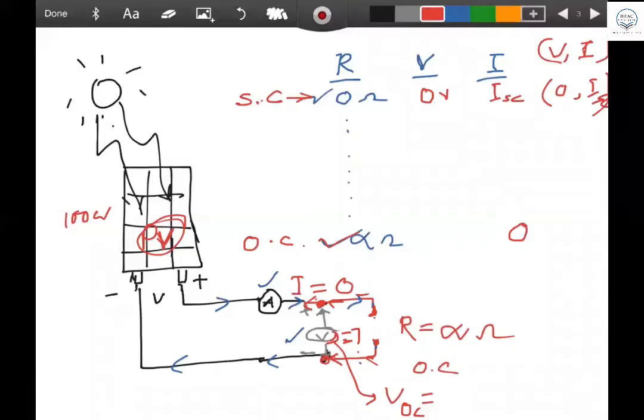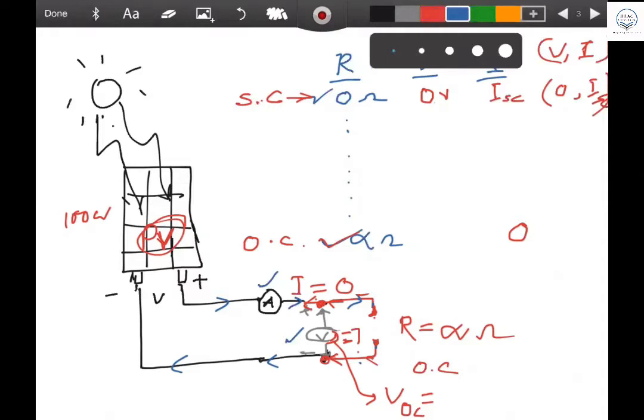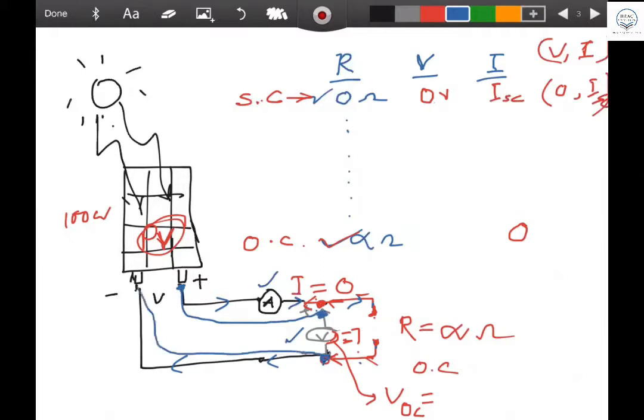If you see this point of the voltmeter is connected here, and if you come along this short path up to here, and this other point of the voltmeter comes along to this point, that means this is a short path coming back here.